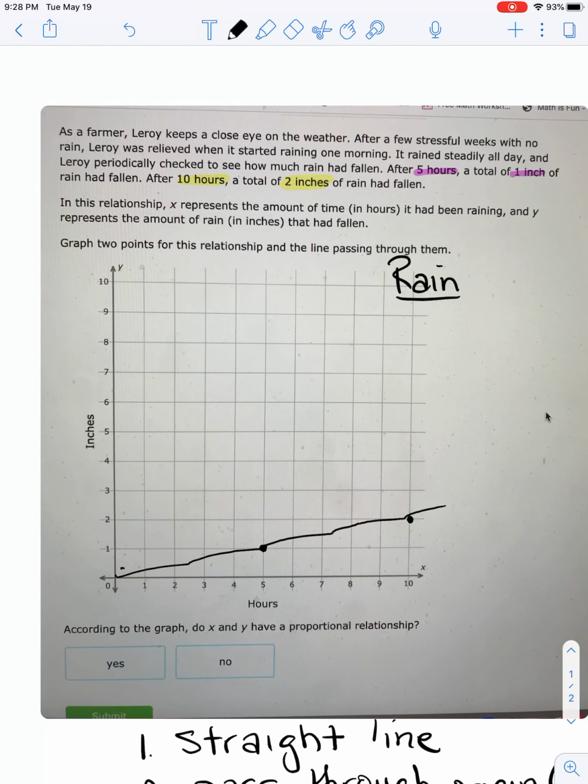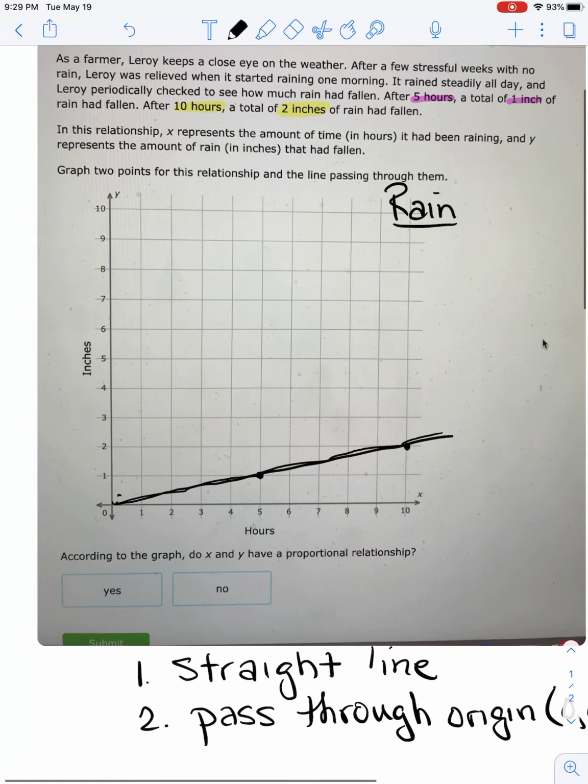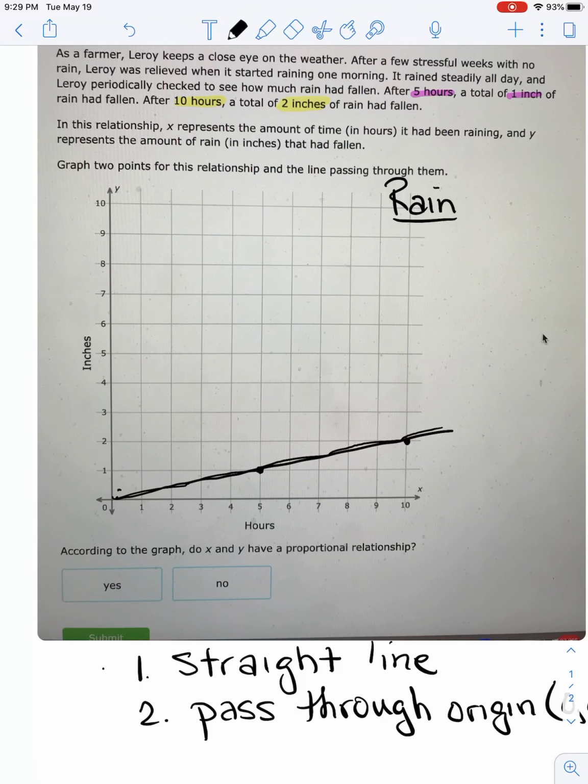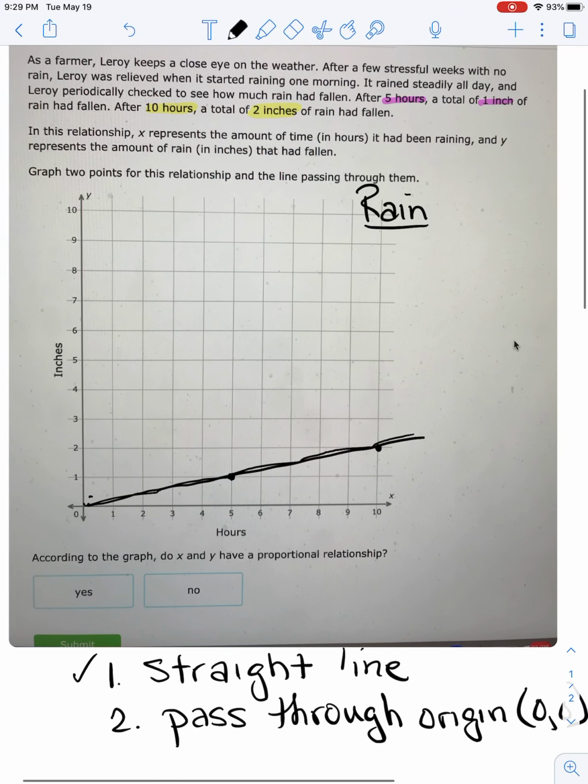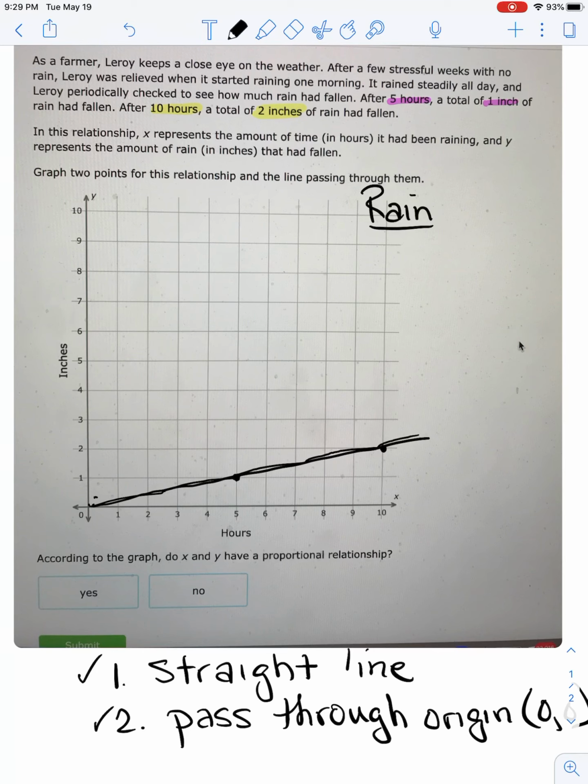However, you can see that it actually is proportional. It's a straight line, and it probably would have been better if I did this freehand. I tried to use a piece of cardboard. But let's look. Does it form a straight line? Yes. Does it pass through the origin? Yes. And so according to the graph, do X and Y have a proportional relationship? The answer would be yes.